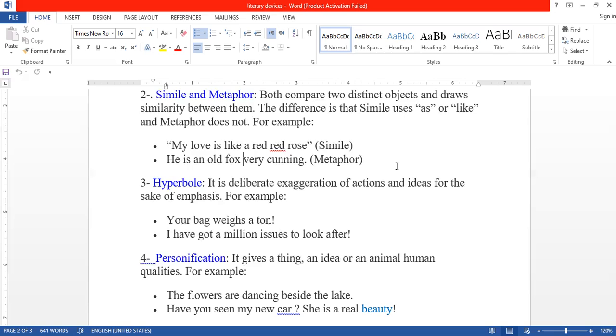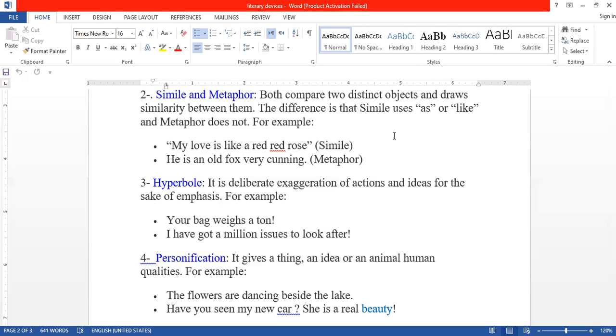In other words, we want to say that this man is very intelligent and very cunning, same like a fox. Is it clear? Yes, it's clear. Because in reality, a fox is a very cunning and intelligent animal.